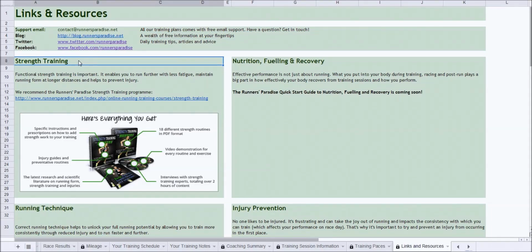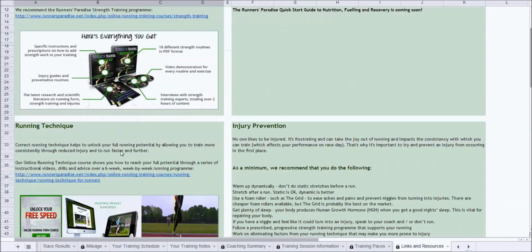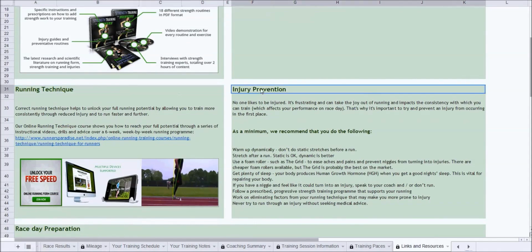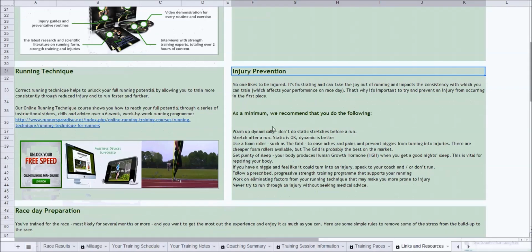And then below this we've got some links to useful information that we think you could benefit from reading and applying alongside your custom training plan. So we have some information on the Runners Paradise Strength Training Programme, some information on our online running technique course, some basic advice on injury prevention, and obviously your coach can supplement that with information that's specific to you throughout the duration of your plan.